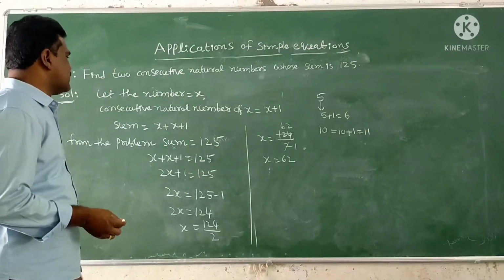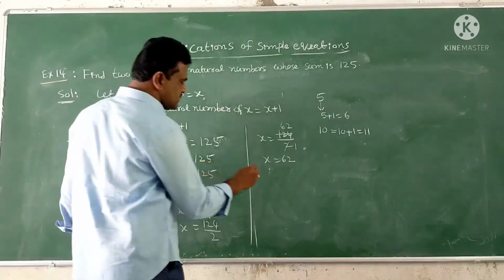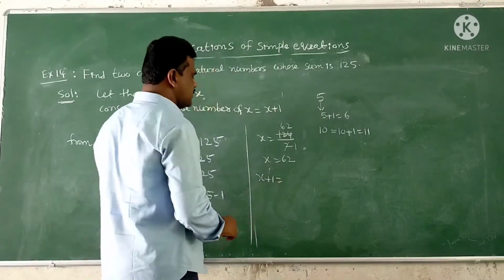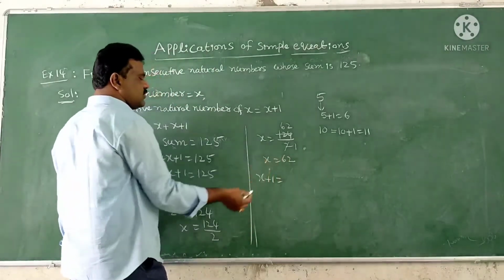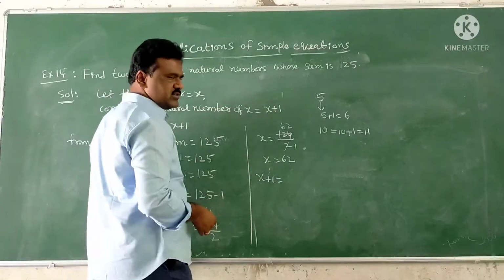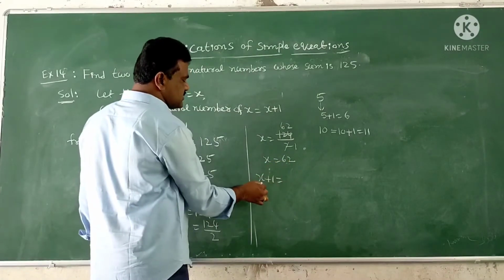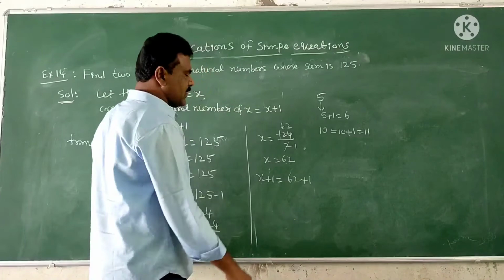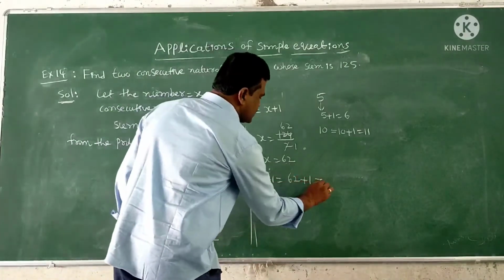Next, the consecutive number of x means x plus 1. Substitute 62 instead of x. 62 plus 1, that is equal to 63.